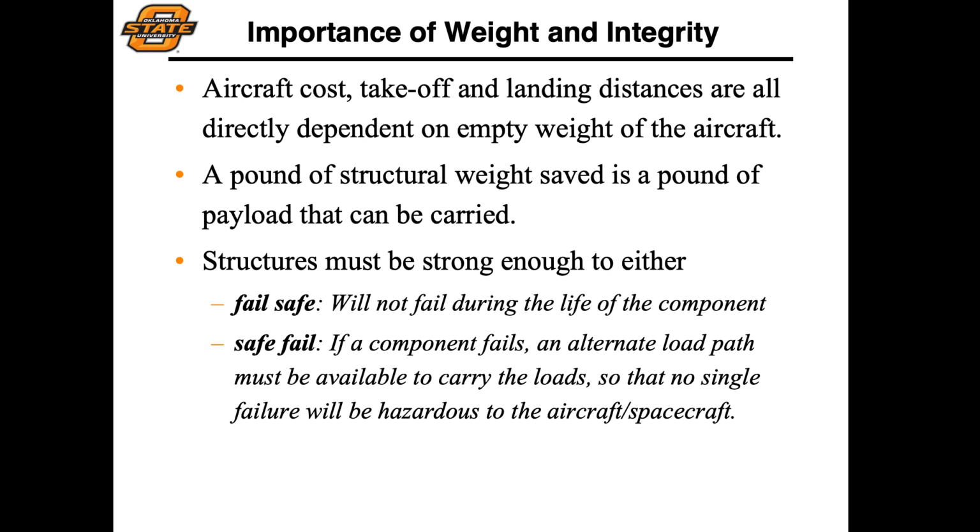So what we tend to do is take an alternative process, which is instead of fail-safe, a safe-fail procedure, where if a component fails, there's some alternative load path that is able to carry those loads. That way no single failure will be hazardous to the aircraft that we're designing. Obviously there are some things that if we have a certain component fail on an aircraft, we can't get around it, so we just want to make sure that those cases are very few and far between.